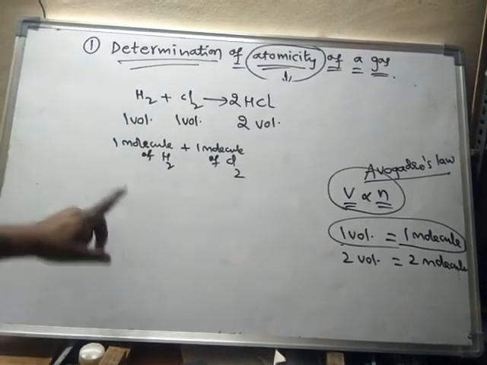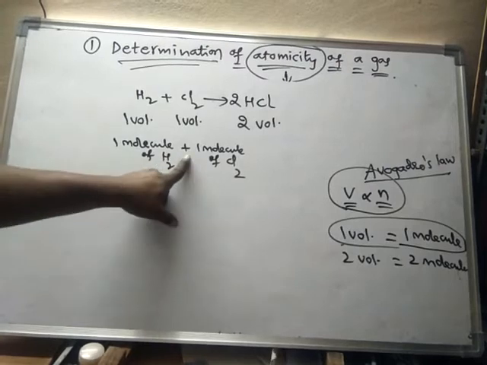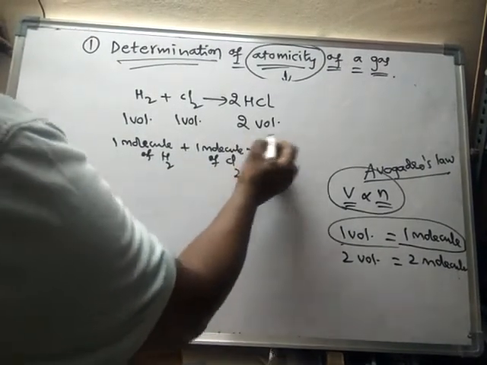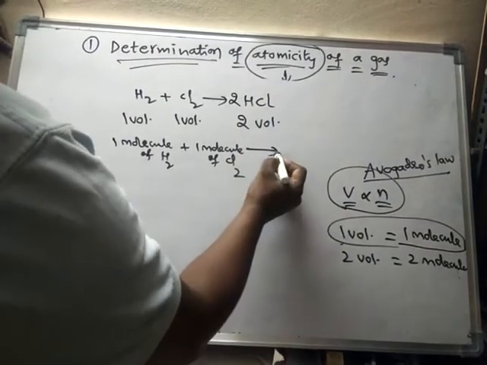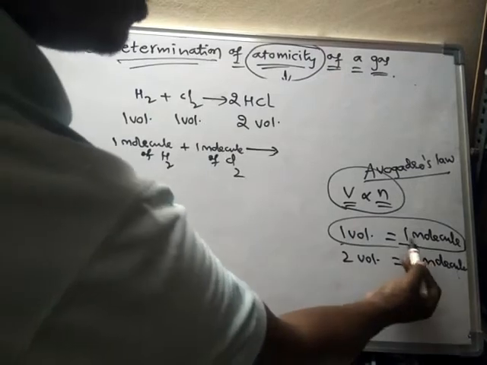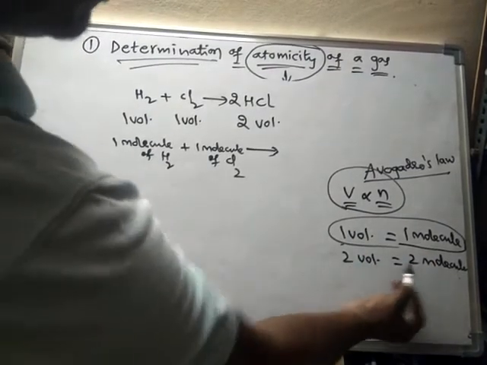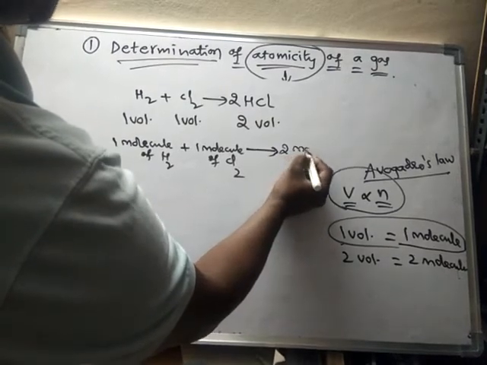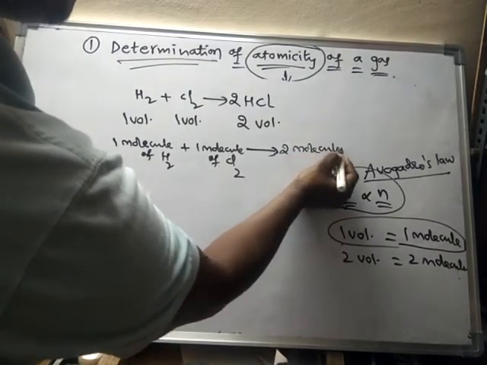So one molecule of hydrogen combines with one molecule of chlorine to form two volumes of HCl. If one volume is one molecule, then two volumes become two molecules.